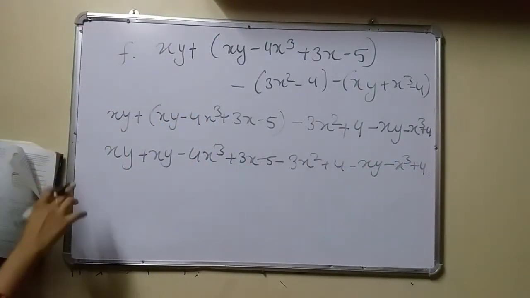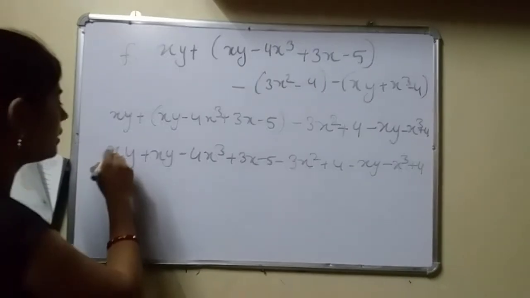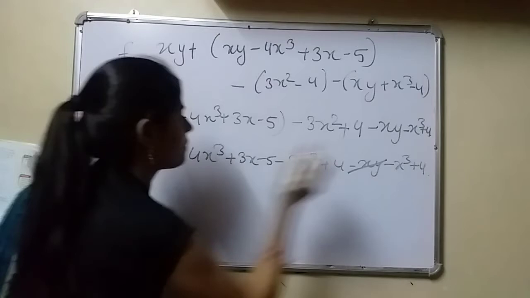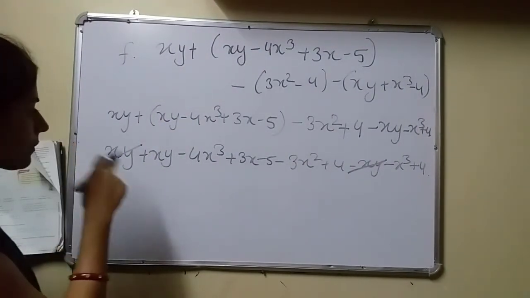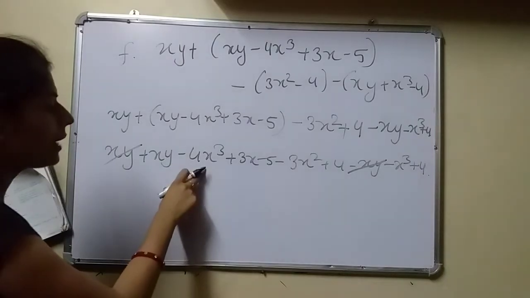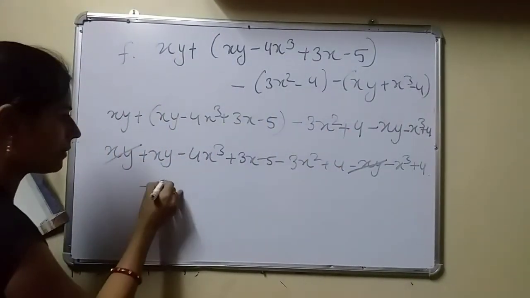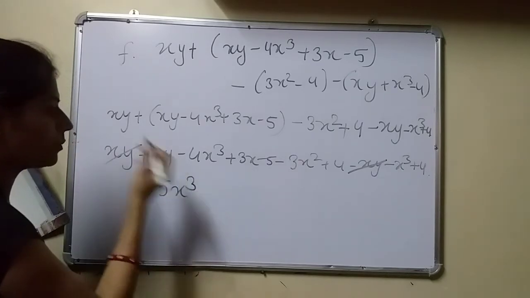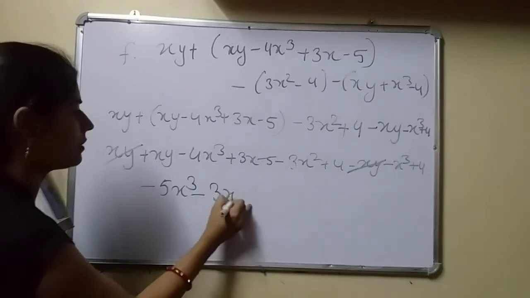Now see which is the similar term here, this xy you can cancel with this xy. Now minus 4x cube and minus x cube will become minus 5x cube. Minus 3x square will remain the same.